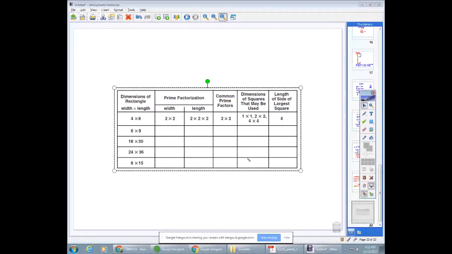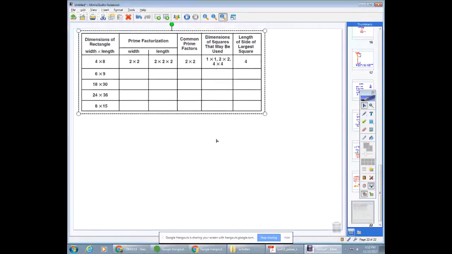So a couple things we're going to need to do this. We're going to need that chart because we're going to fill it out, and then we're going to need some graph paper. This one should work.